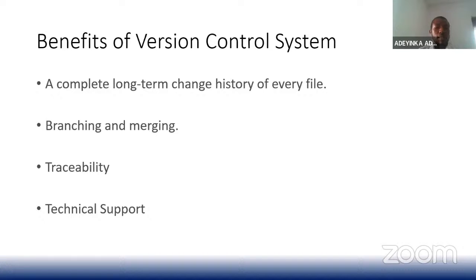Then it also helps while providing technical support. Most of the time, it's not those in charge of development that are in charge of technical support, especially when you have a large community around a particular software.